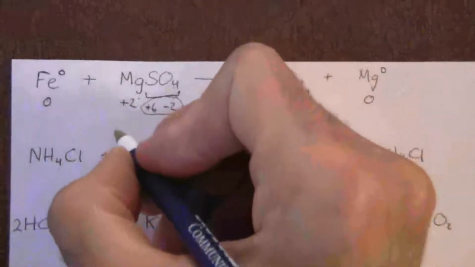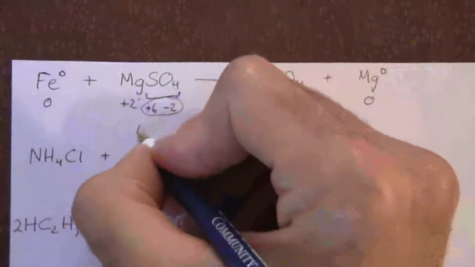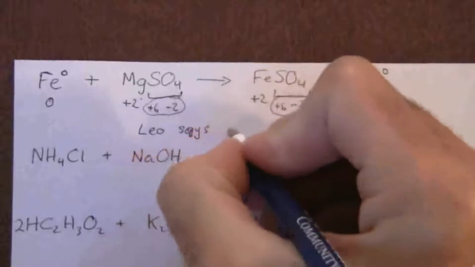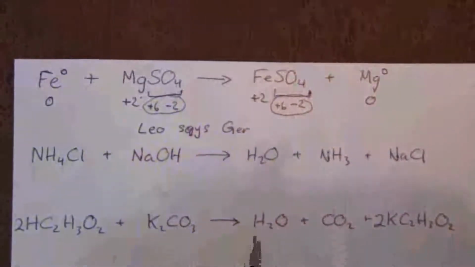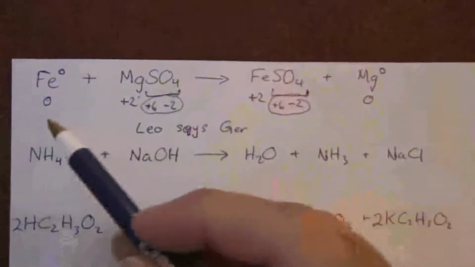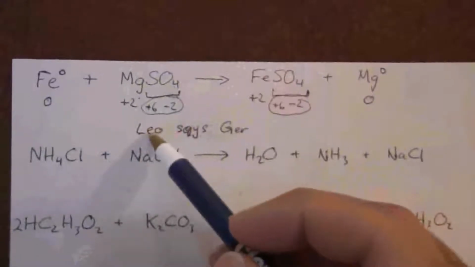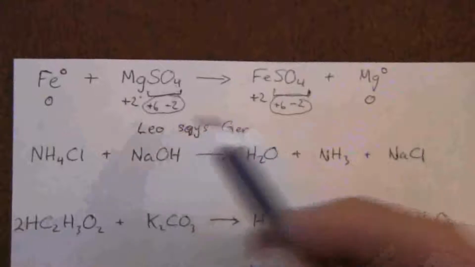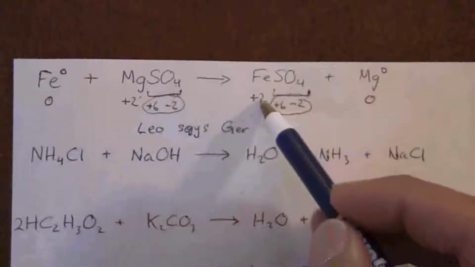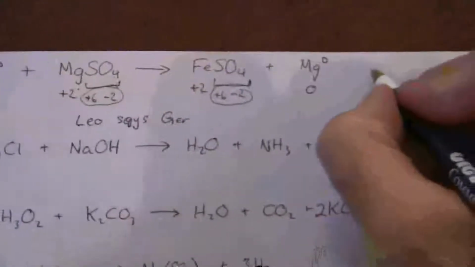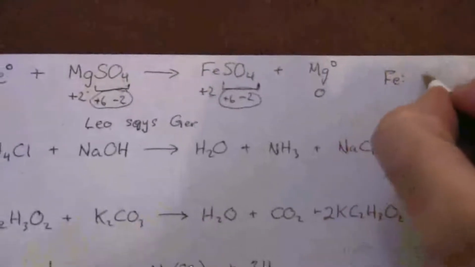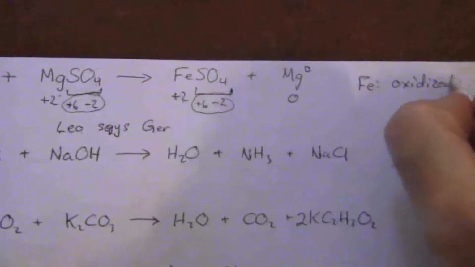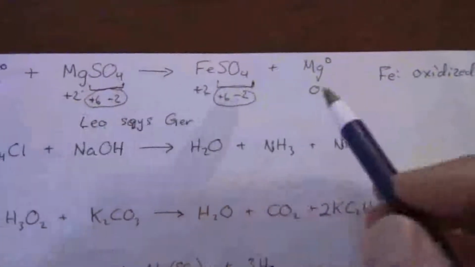And you remember the acronym LEO says GER. Silly little acronym, but it works to remember a loss of electrons is oxidation, and a gain in electrons is reduction. So if we're losing electrons, that tells us the iron is oxidized, and therefore we know that the magnesium must be reduced.